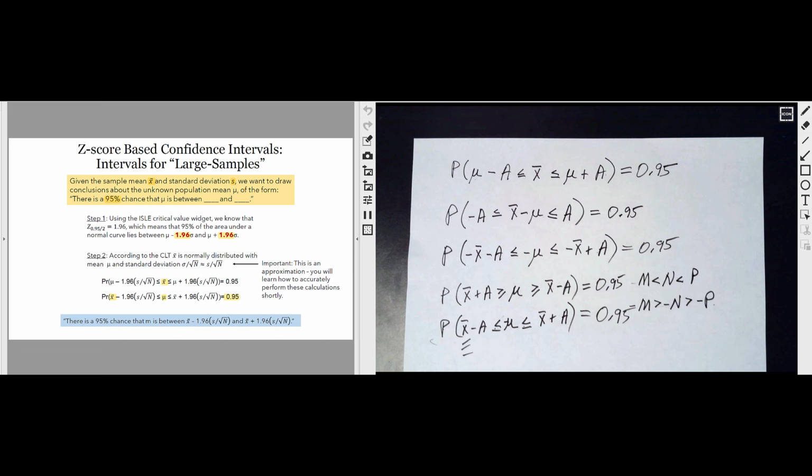We can make this claim about how close the population mean is to that particular sample mean that we drew. All right, so that is critically important.